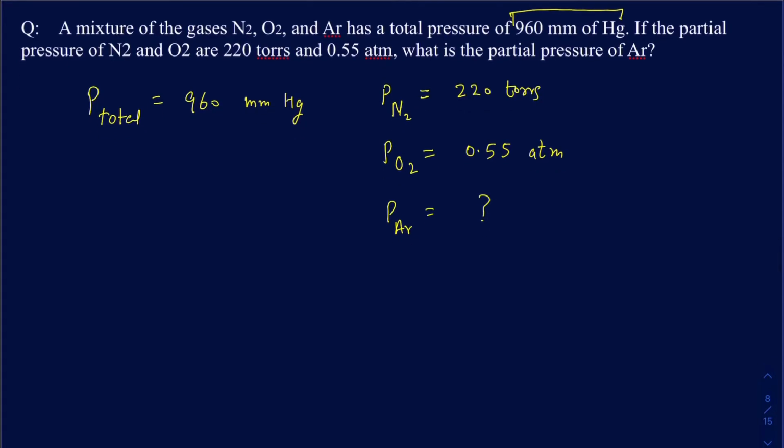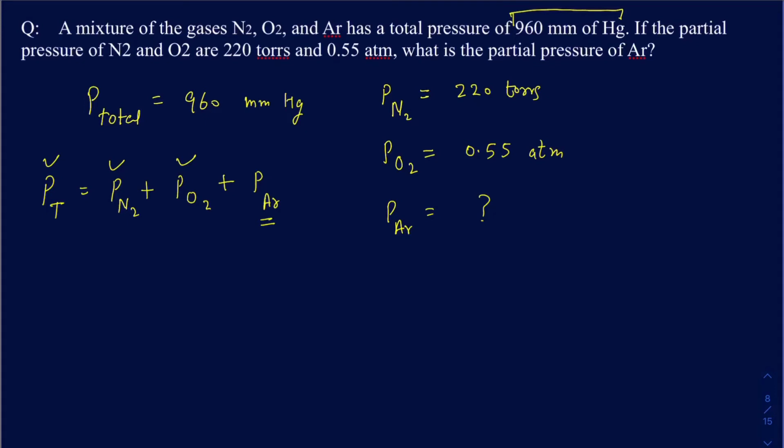To figure out the partial pressure of argon, I can set up my equation where the total pressure, PT, should be equal to the pressure coming from the nitrogen, the pressure coming from the oxygen, and the pressure coming from the argon. I know the total pressure, the nitrogen pressure, and the oxygen pressure, so I should be easily able to calculate the argon pressure.